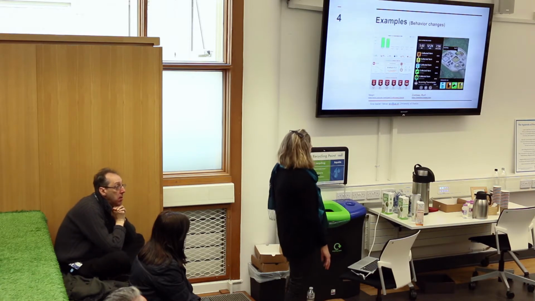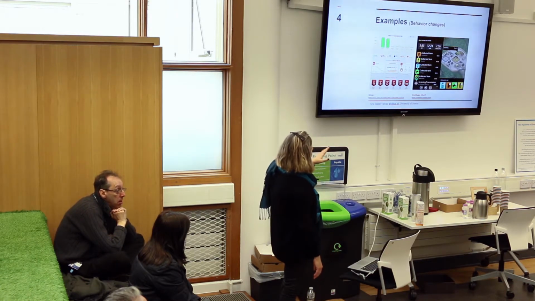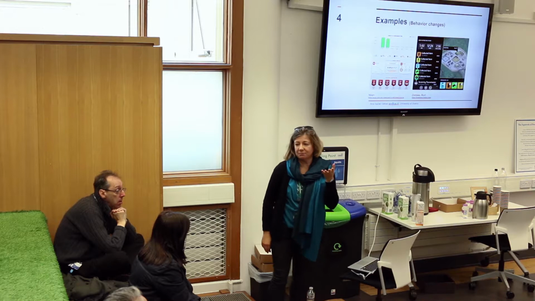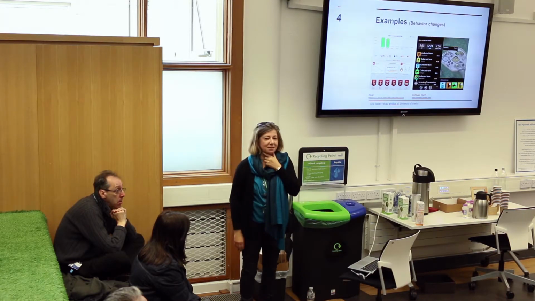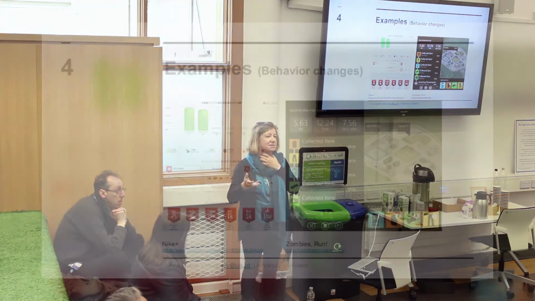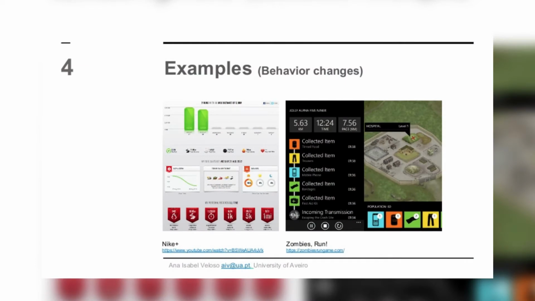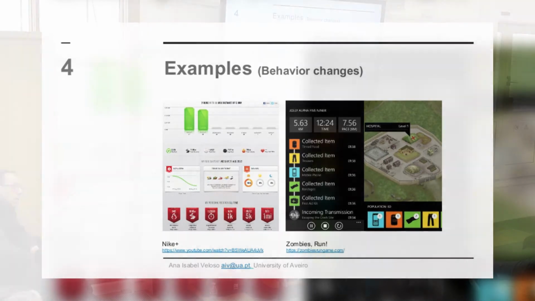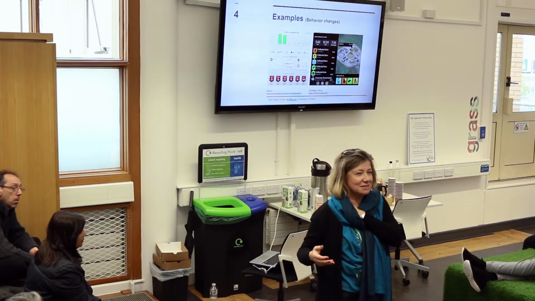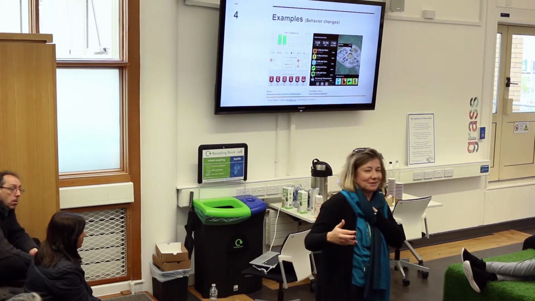So, two examples, perhaps you know them. Nike Plus, with the sensor in the soles of the shoes: the more you run, the more shoes you will need, and you will have more or fewer competitors according to your score. Do you know this application? You register in Nike.